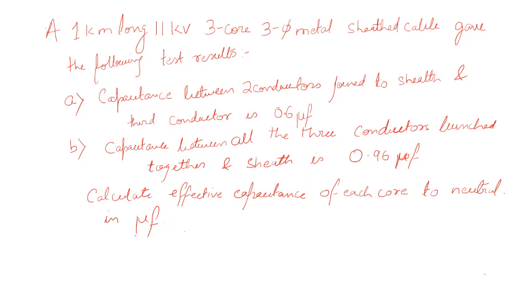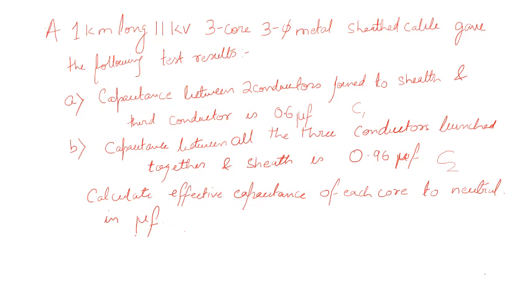If you check the experiment, it was C1, right? The second one is the capacitance between all three conductors bundled together and the sheath, which is 0.96 microfarad. So it was C2. And you have to calculate the effective capacitance of each core to the neutral.